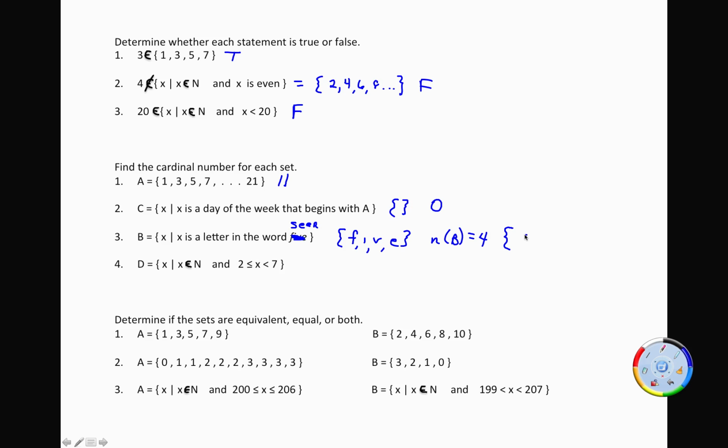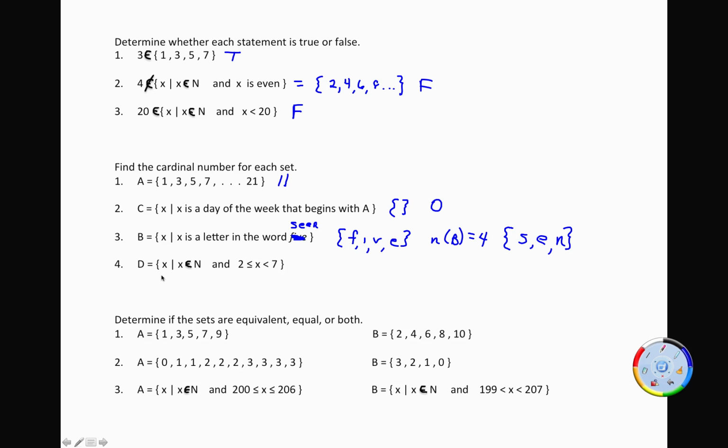So I would only list an S, one E, and an N. Those are the distinct elements in the set of letters in the word seen. So the cardinality of this set would be 3.